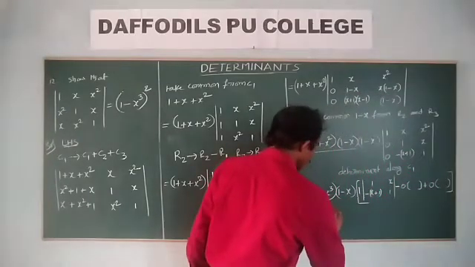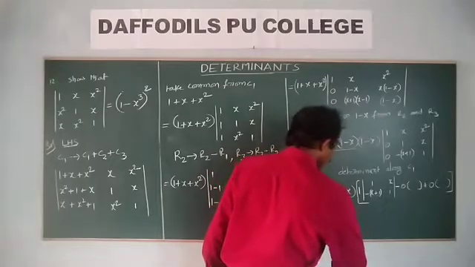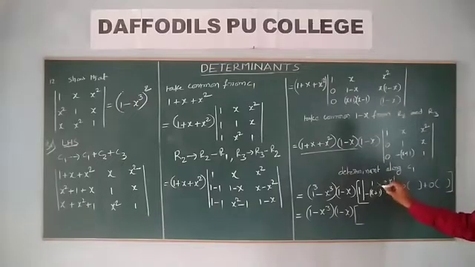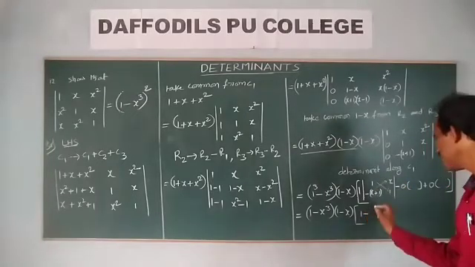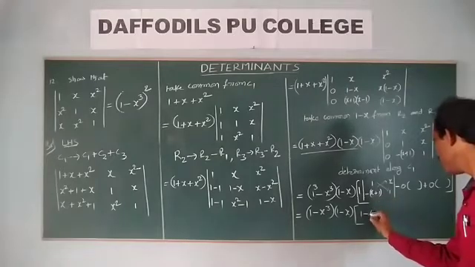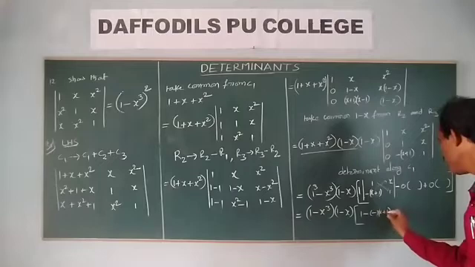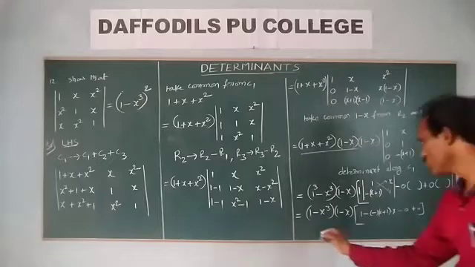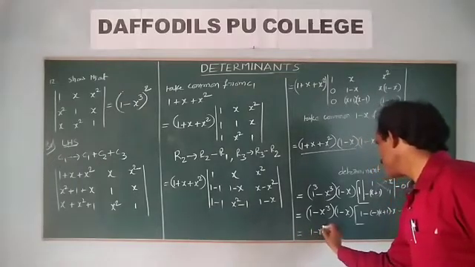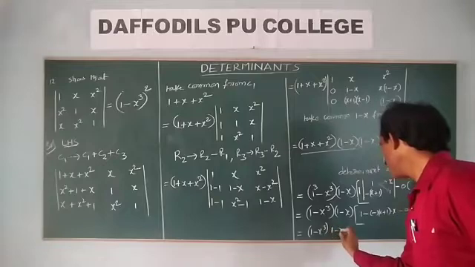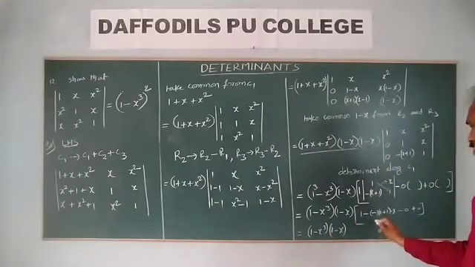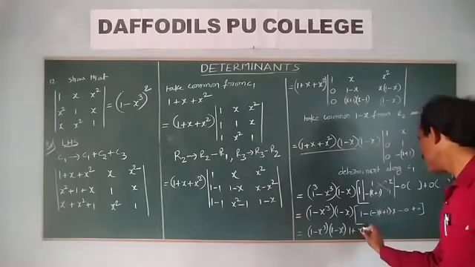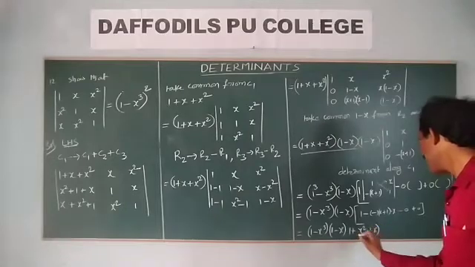1 minus x cube, 1 minus x. So actually minus of x plus 1 into x, remaining terms zeros. This is equal to 1 minus x cube, 1 minus x, minus into minus plus. So that is 1 plus x into x square plus x.